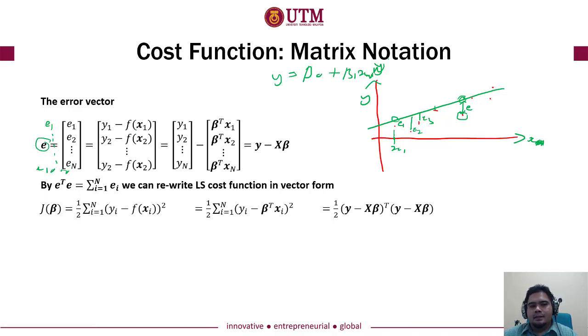If you extend the definition of your errors, this is how it looks. This is your actual y1 and this is your predicted y1, or we call it y hat 1, and this one is y hat 2. This one should be n, there's a mistake there.